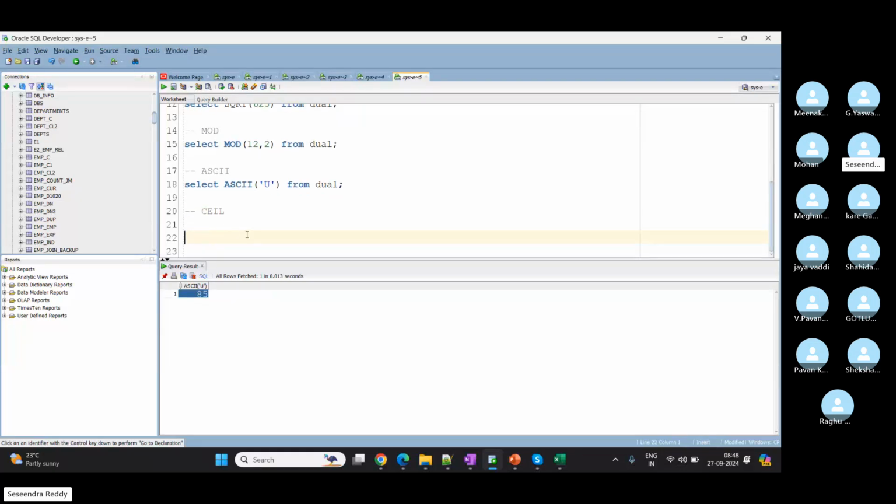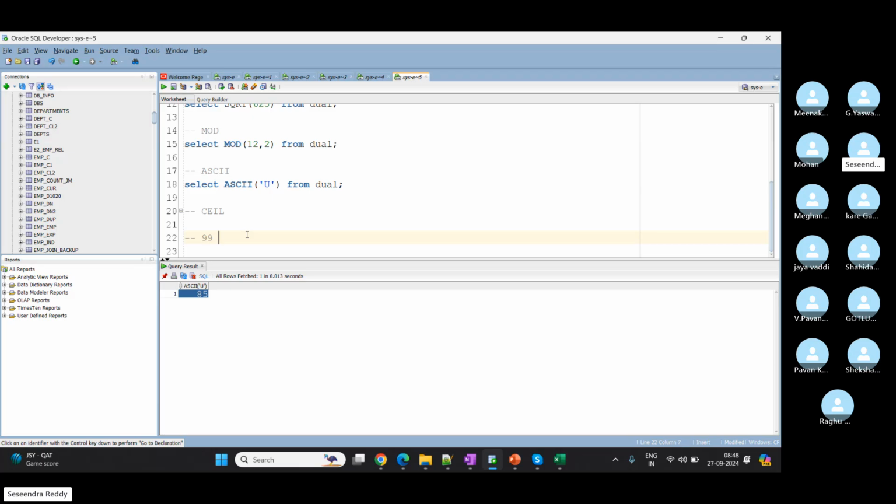Let's say there is one bill. I brought one pen which cost around 99 rupees. Maybe instead of taking 99, let's go with some decimal points.